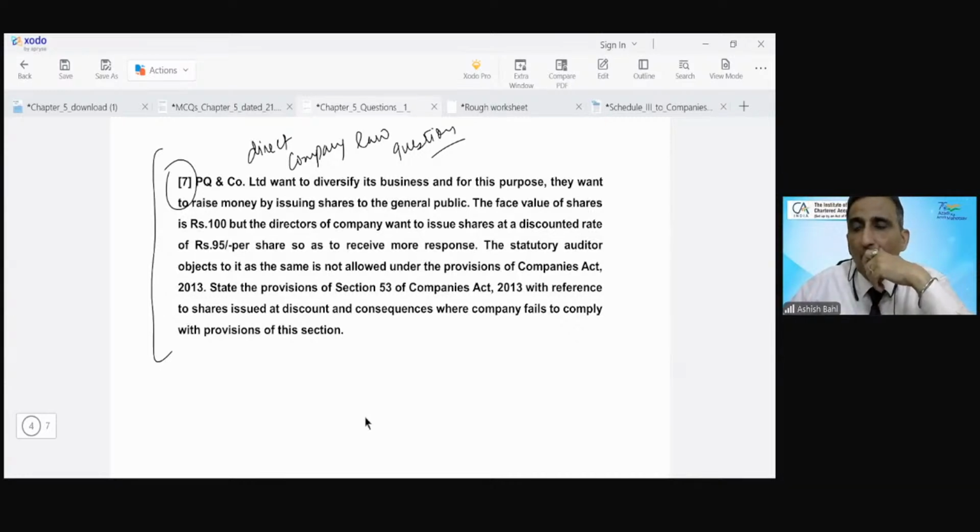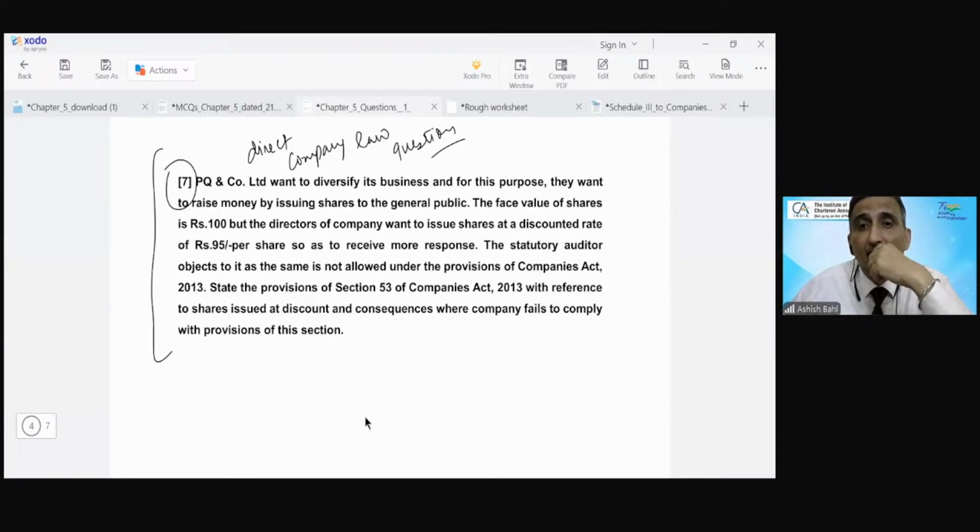How are you going to write this question? You would quote the provision of section 53 of the Companies Act that issue of shares at discount is void.